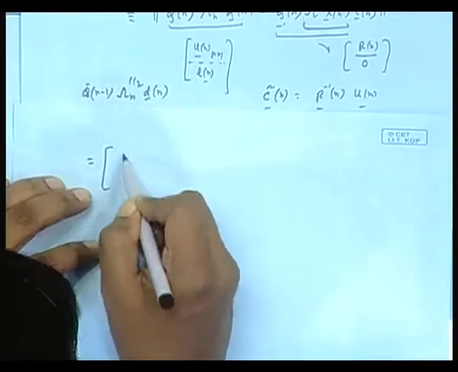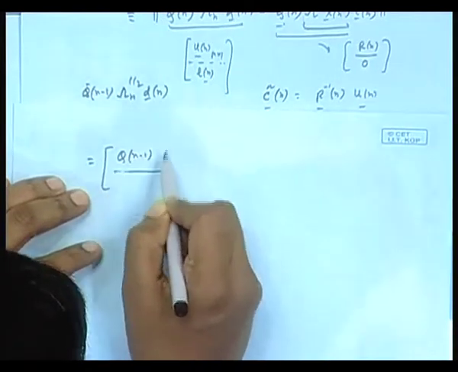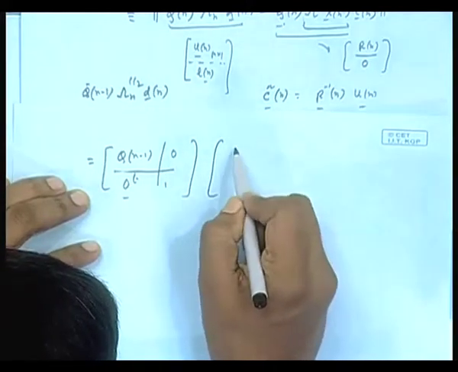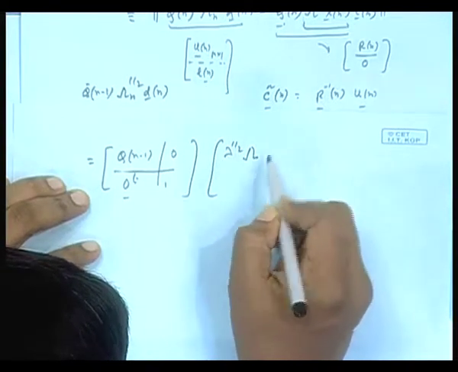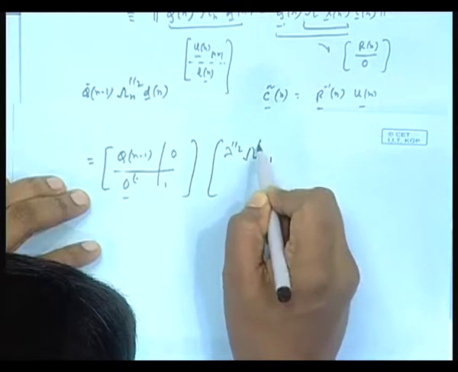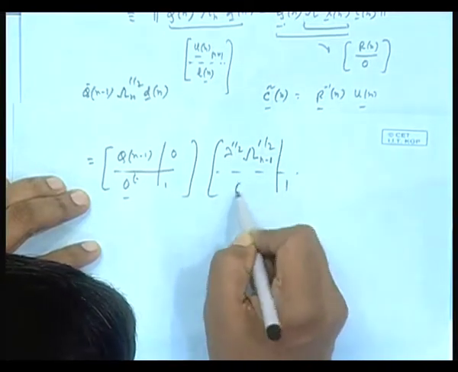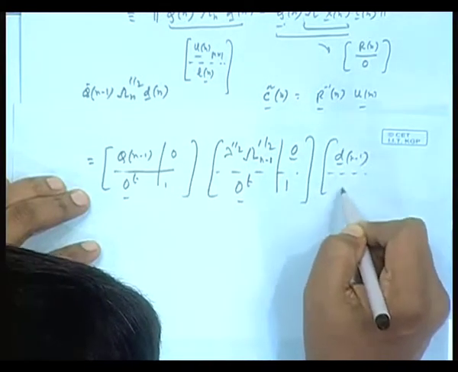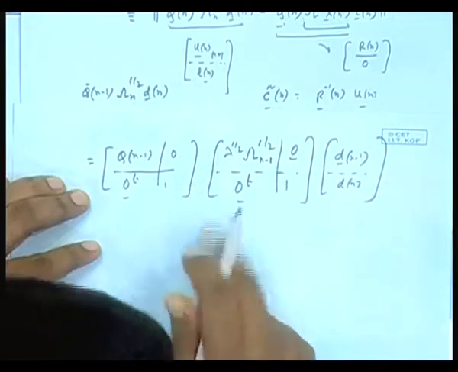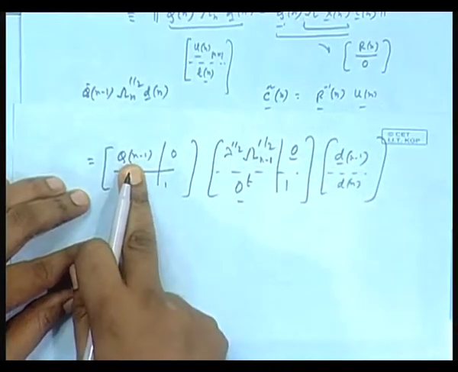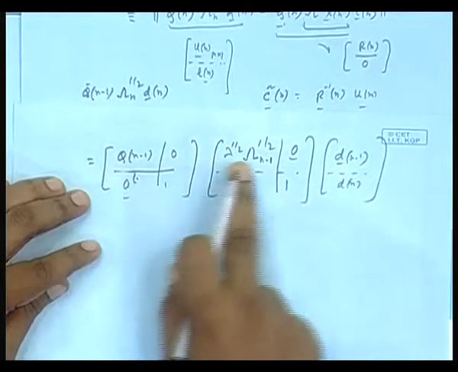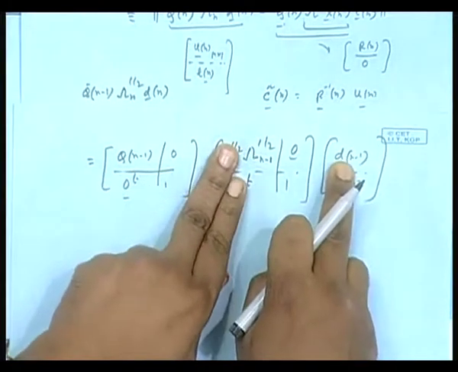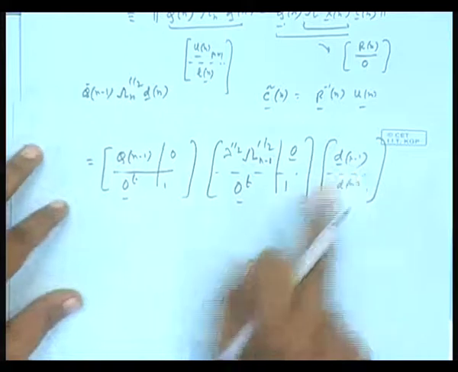This is your, let me write down step by step. So, this on that q n minus 1. This working on this, lambda to the power half is a factor you take out first. So, this guy on this and q n minus 1 on that, what will that be?